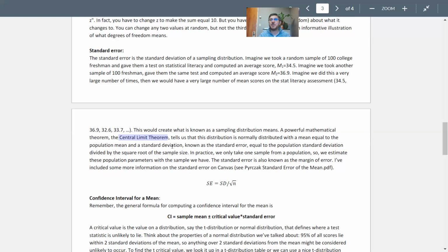And remember, the central limit theorem tells us that the mean of that sampling distribution is going to be equal to the population mean, and that the standard deviation of that sampling distribution is going to be equal to the population standard deviation divided by the square root of the sample size.